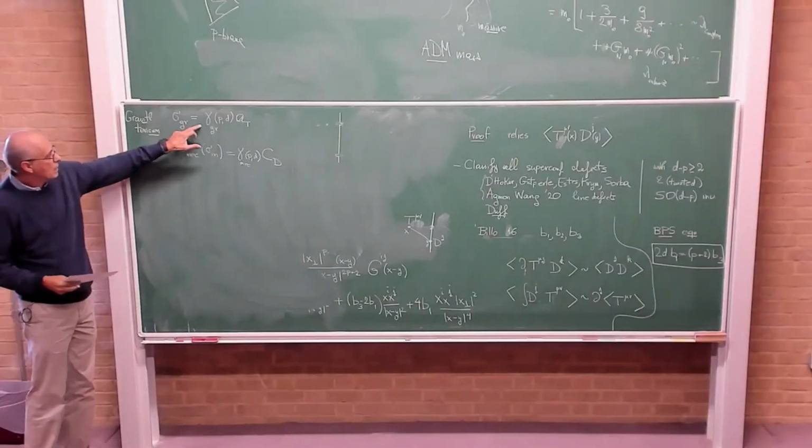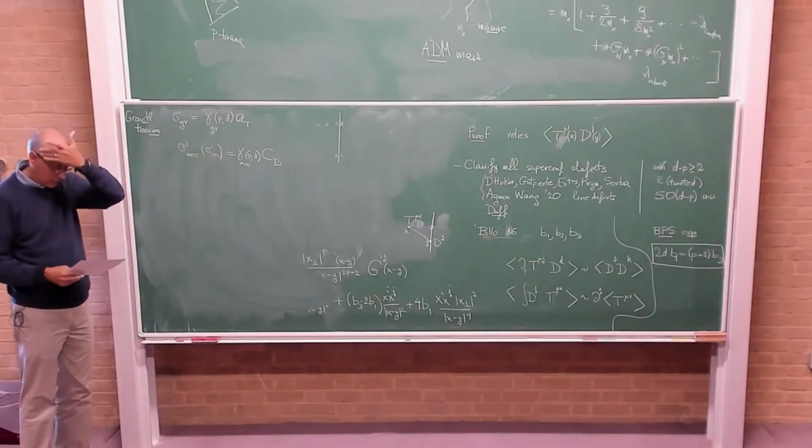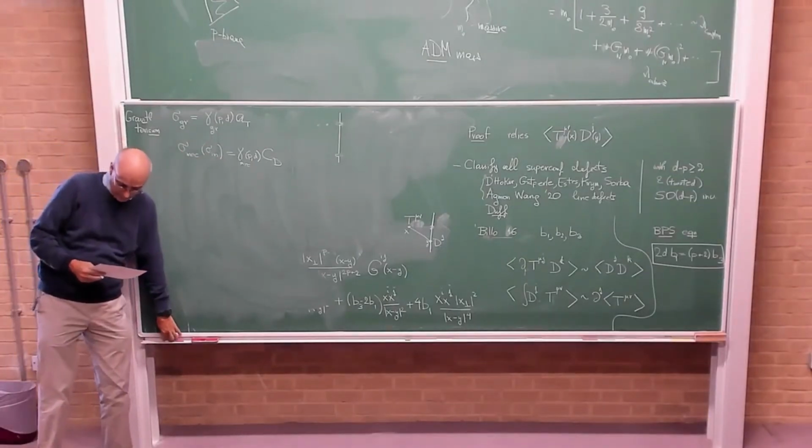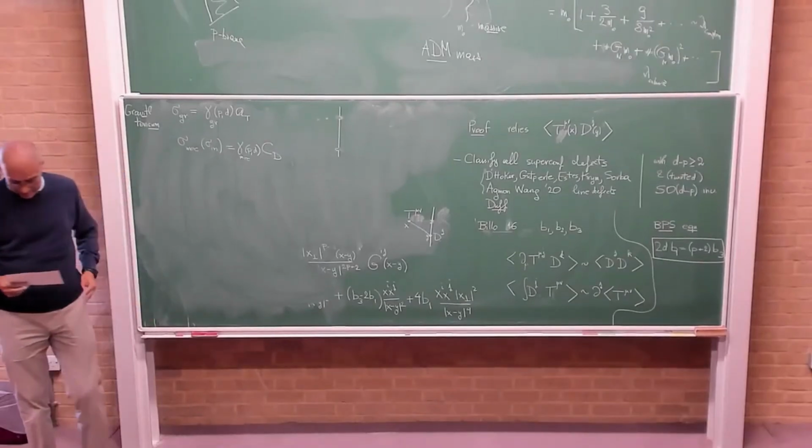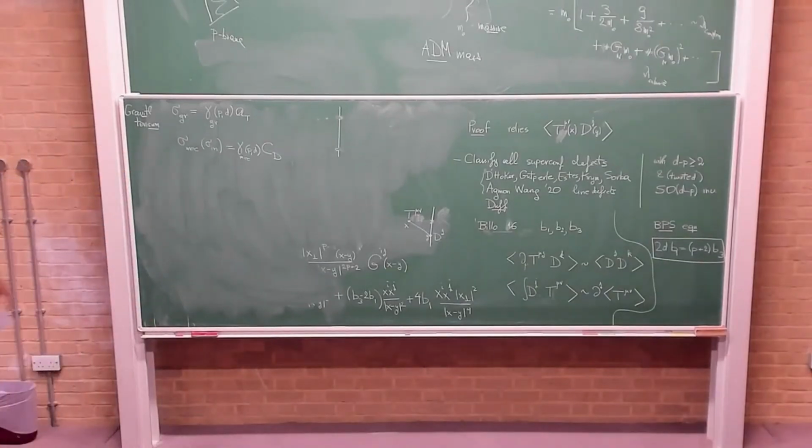And now the question is, how do you fix these numerical prefactors? And again, because time runs, let me tell you the story without writing the formula.